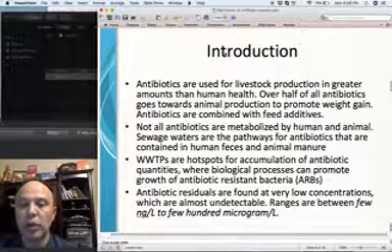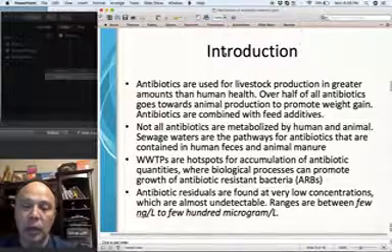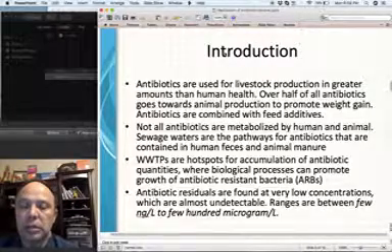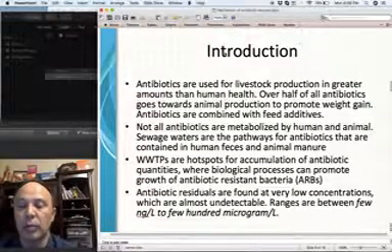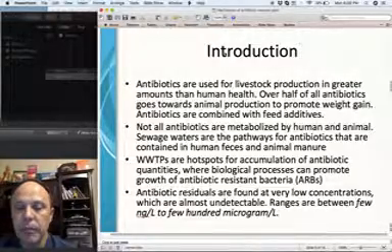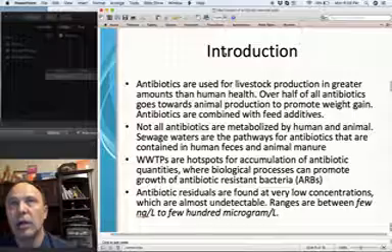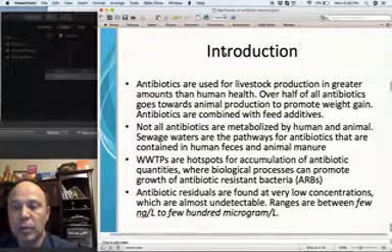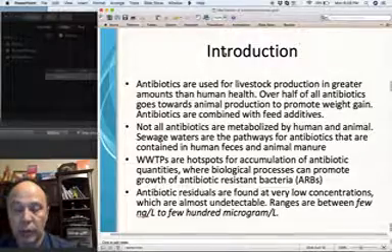And wastewater treatment plants are a hotspot for the accumulation of antibiotic quantities. So that means that antibiotics are accumulating in wastewater treatment plants. They're becoming hotspots. And because treatment plants rely on biological processes, there is a concern that they also could be promoting the growth of antibiotic resistant bacteria.